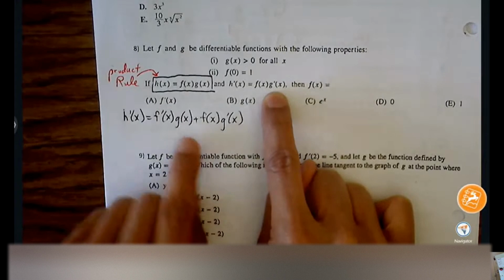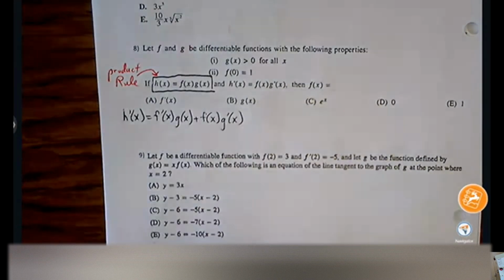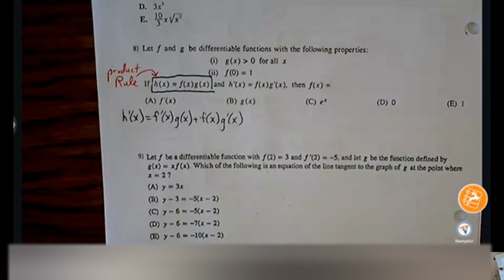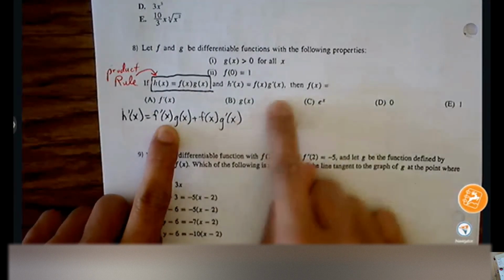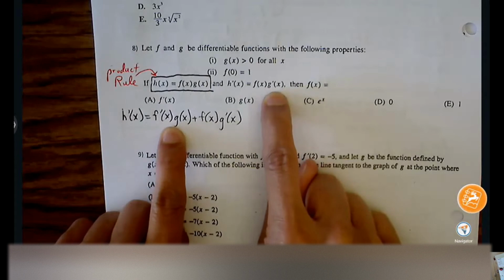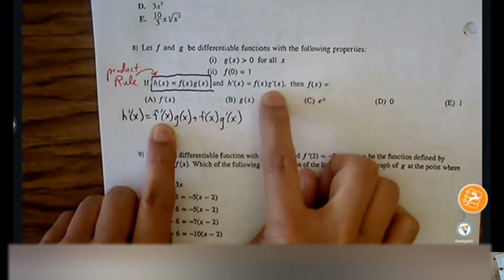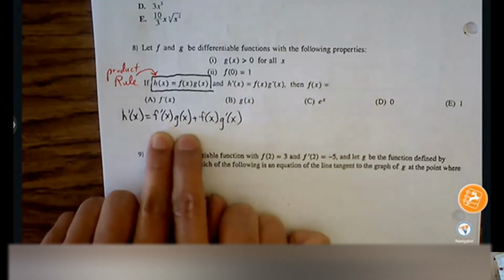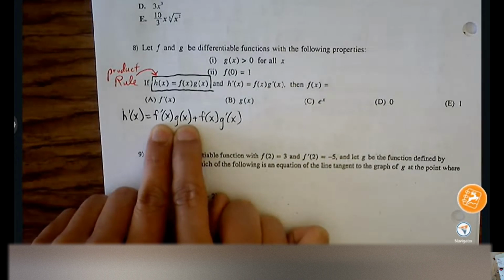What must be true about this if it's going to end up disappearing? Oh, it has to equal 0, right? So that's something that we got to be able to do, right? If you didn't have this product rule in front of you, maybe it's going to be harder to make that conclusion. But we do know that this is 0. Okay, so that's a step in the right direction. But the next step is, which is 0? Is it the f prime that's 0 or the g of x that's 0?